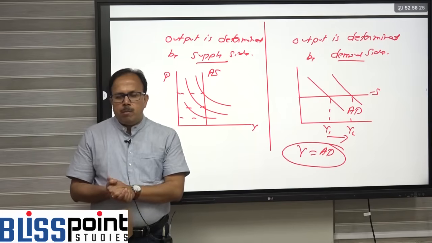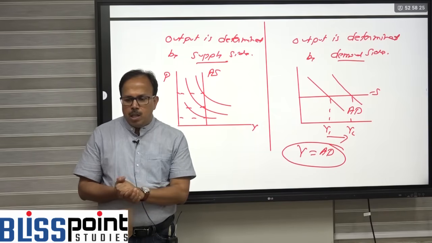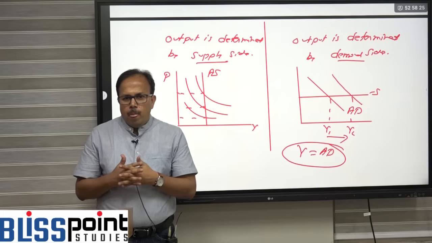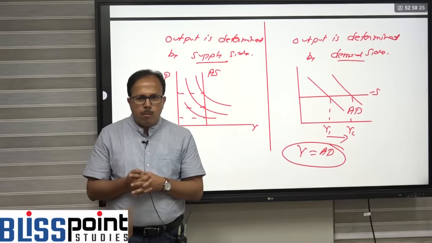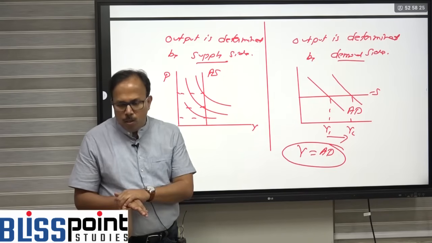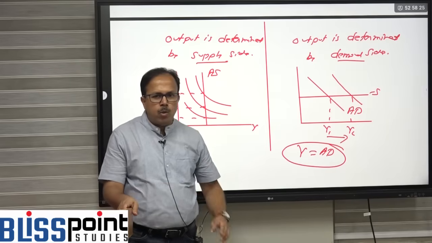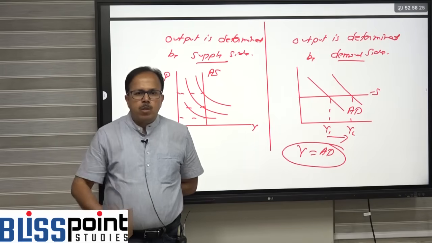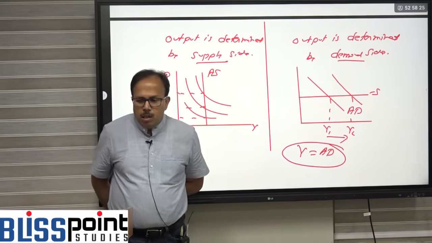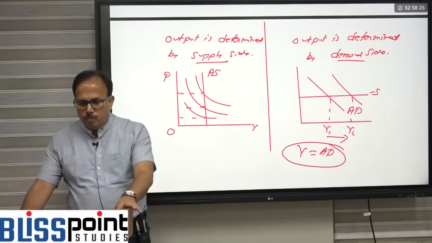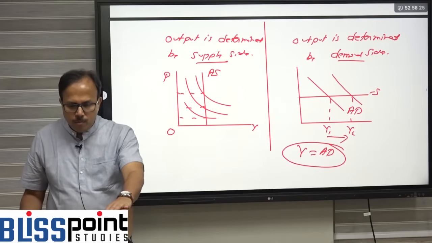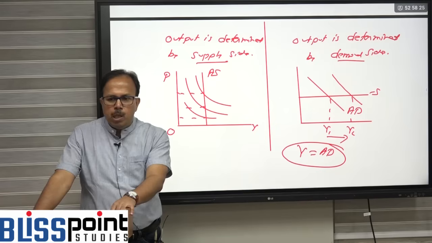Classical economists assume that money is demanded only for transaction purpose because money performs only one role, that is to act as medium of exchange.